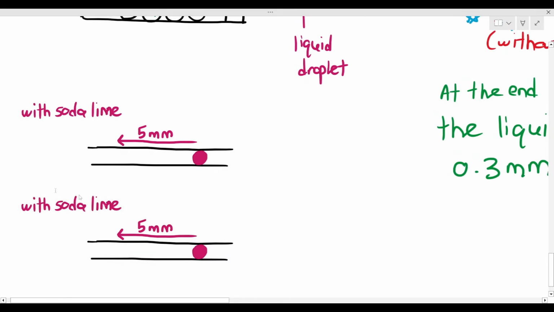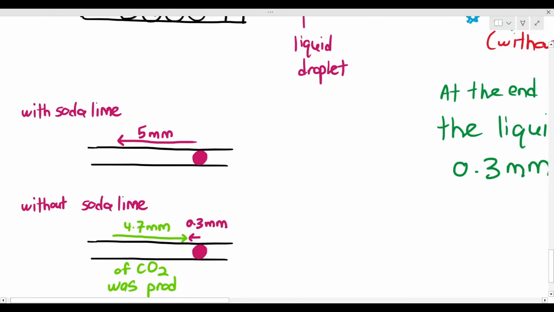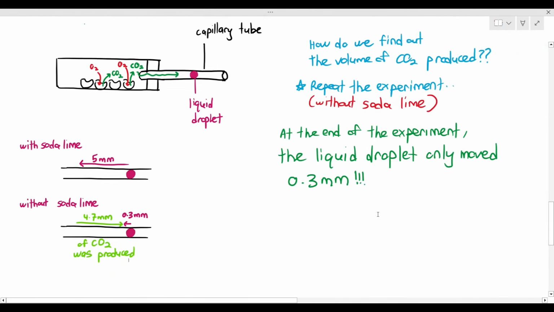But without soda lime, the droplet only moved 0.3 millimeters. The reason was because it was being pushed by the CO2. So we can assume that 4.7 millimeters worth of CO2 was actually produced. That is why the droplet did not move so much, because the CO2 was also pushing back against it. So in this case, what is the volume of CO2 produced?